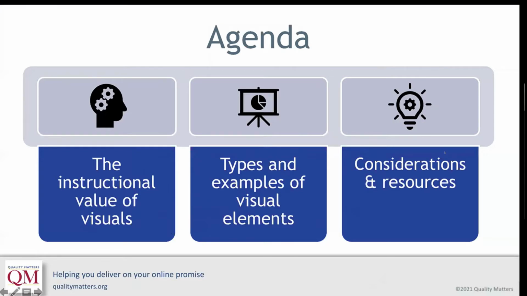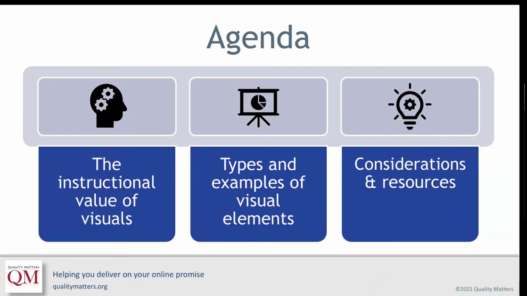So I want to focus on three things today. First and foremost, the instructional value of using visuals, especially in online courses. So I'm from Quality Matters. If you don't know QM, we really look at the quality of online courses specifically so that your students have the very best online learning experience that they can have with you and at your institution.